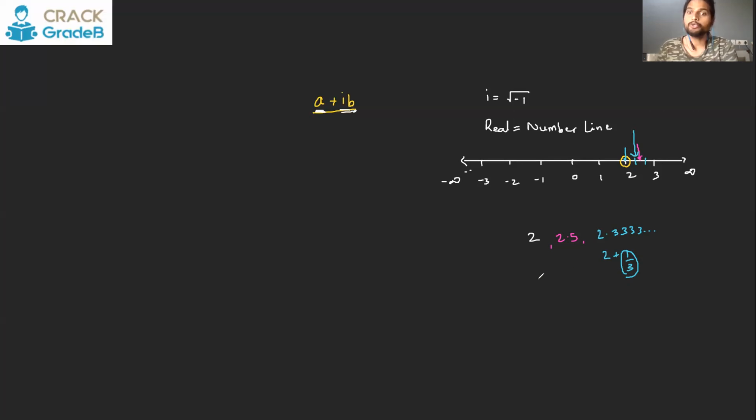If I ask you, can you show 2/3? 2/3 means you have to divide the unit distance from 0 to 1 into 3 equal parts, and select 2 parts out of it. That means this is the point which is 2/3.